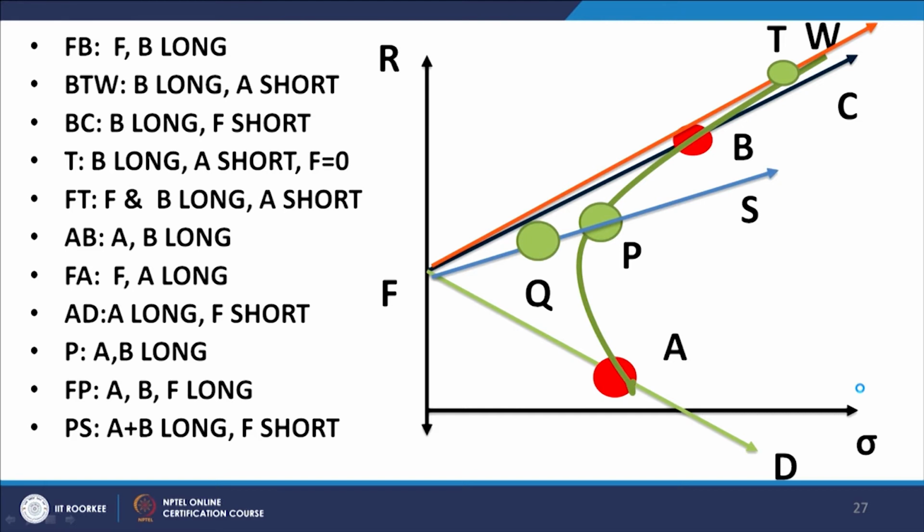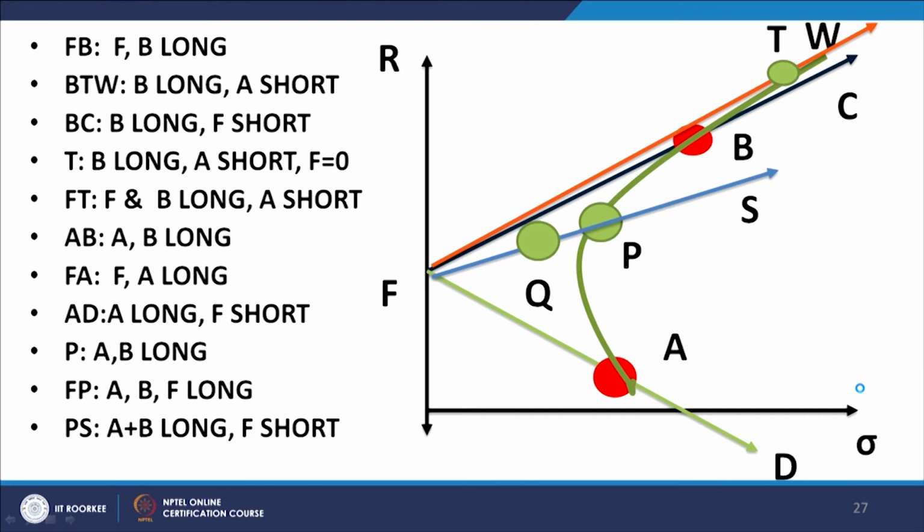First let me explain. The point T is the point at which the tangent is drawn from the point F to the hyperbolic arc AB extended if required. I repeat, T is the point at which we draw a tangent from the point F to the hyperbolic arc AB extended.